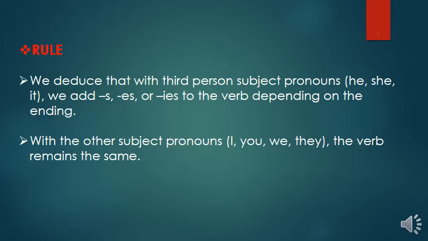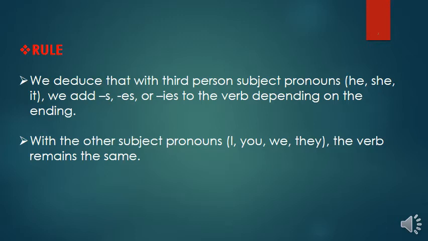Now, we have to remember this rule. What do we deduce at the end of all what we have explained now? We deduce that with third person subject pronouns, it means when I say he, she, it, we add s, es, or ies to the verb. It means when I say he studies, he drinks, she plays, it scratches.